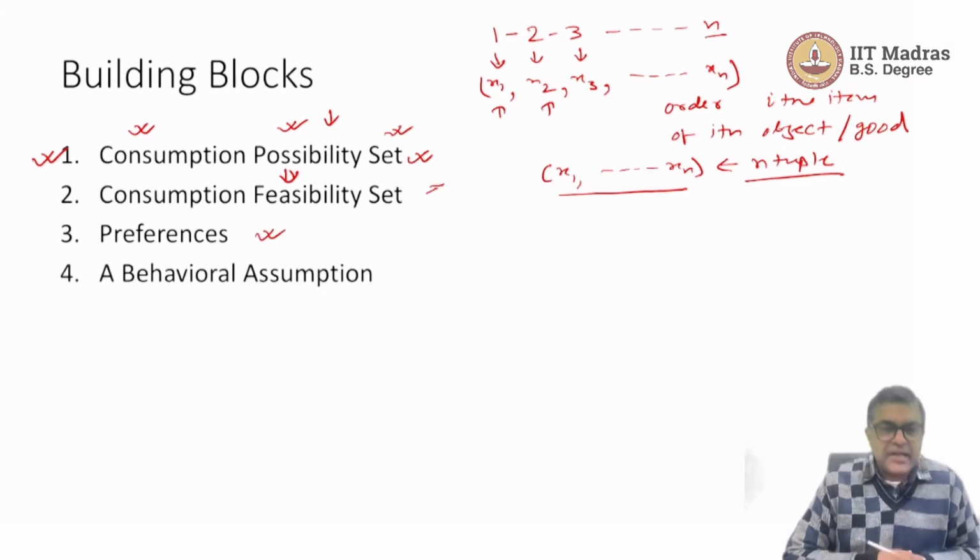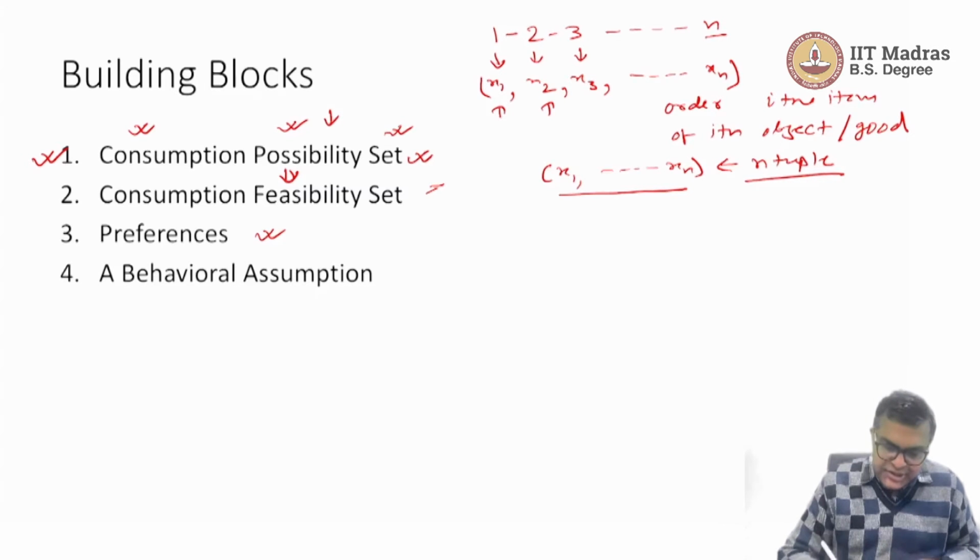Now, from bundles we will move to preferences, and we will talk about preferences in detail. Preferences are something like when you go to a friend's place and the friend offers you, would you like to have tea or coffee. Here you do not have any financial consideration, you are not considering the price of tea or the price of coffee.